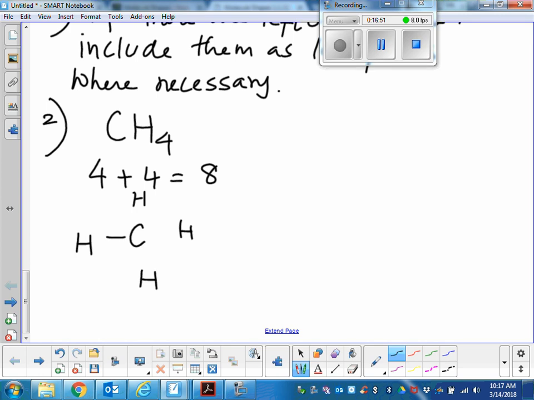Have I accounted for all 8? Carbon is happy with 8, hydrogen has 2, each hydrogen is happy. What is the shape of this molecule if it is surrounded by 4 bonds? Tetrahedral. This molecule is tetrahedral.